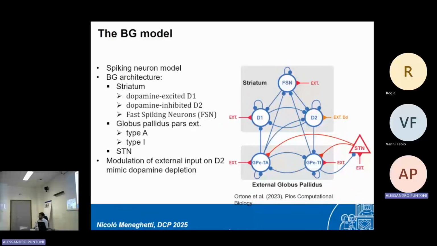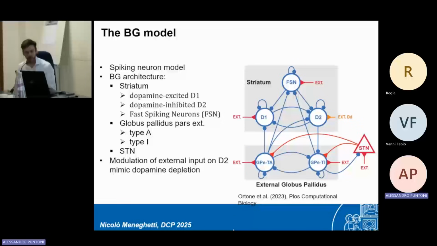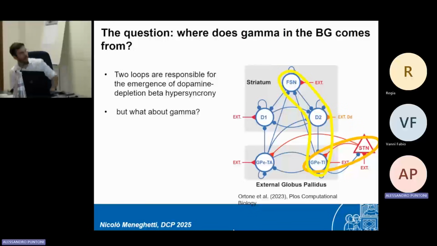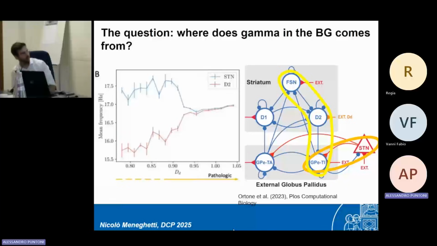You can find them in human recordings, not only in the subthalamic nucleus, and also in animal models of Parkinson's disease, especially in rats. And one figure I like is from this Ortone et al. PLOS Computational Biology paper. They were able to investigate the mechanism behind beta rhythmogenesis.